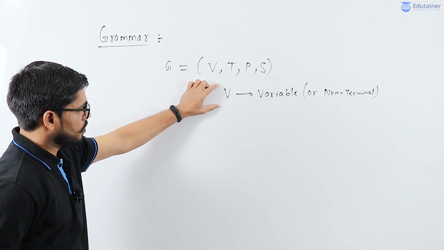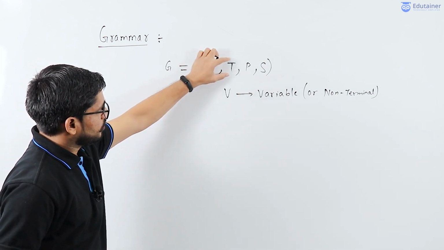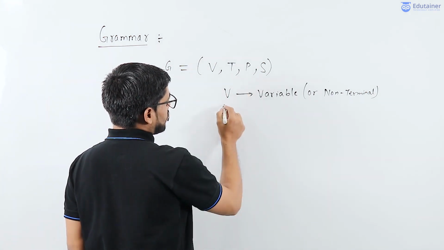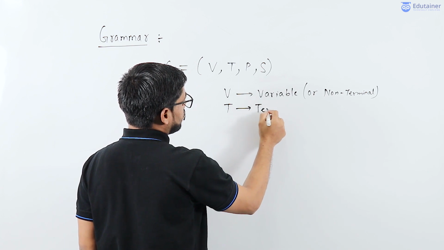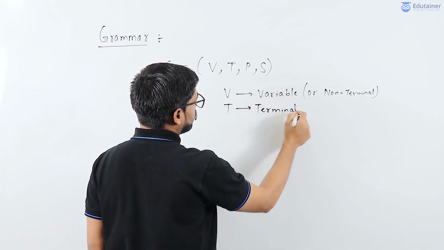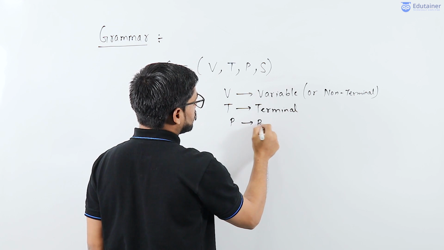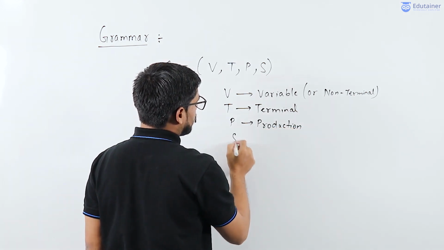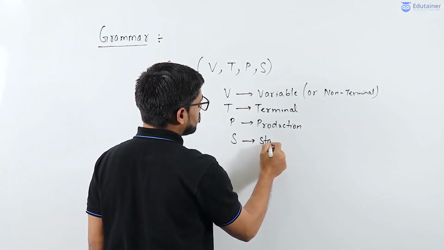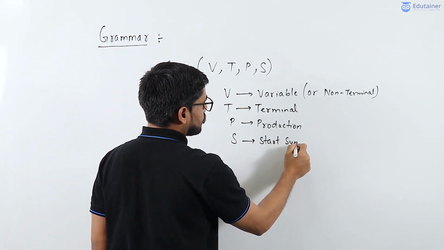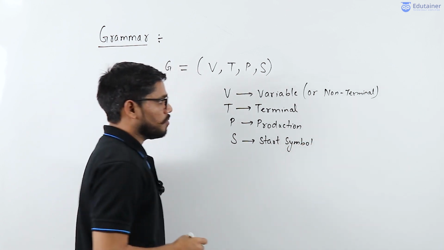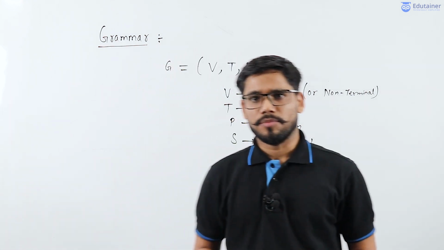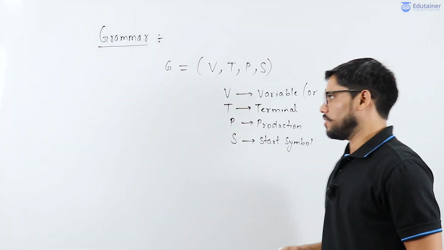But first of all, you have to know their full names, what these terms represent. So capital T represents terminal, capital P represents production, and capital S represents start symbol. Okay, so grammar is the combination of four terms: V, T, P, S: variable, terminal, production and start symbol.